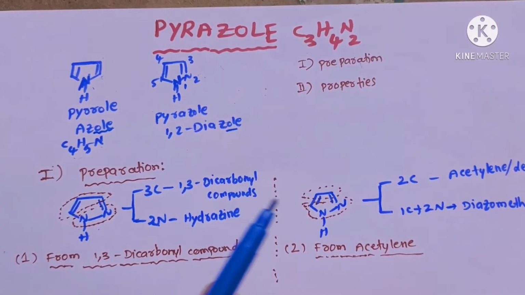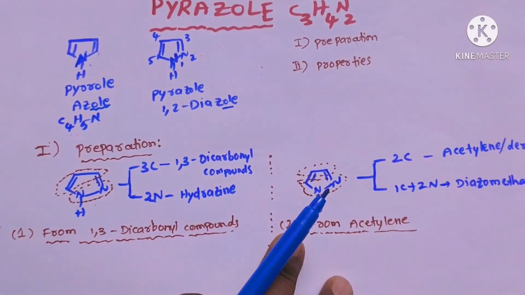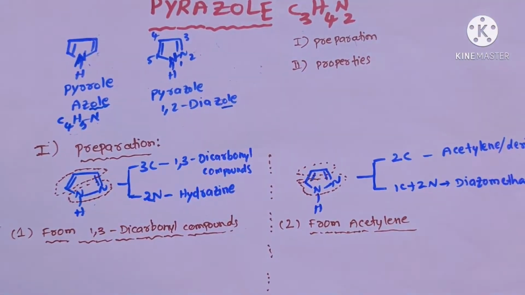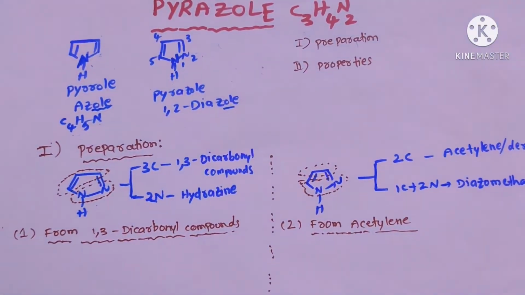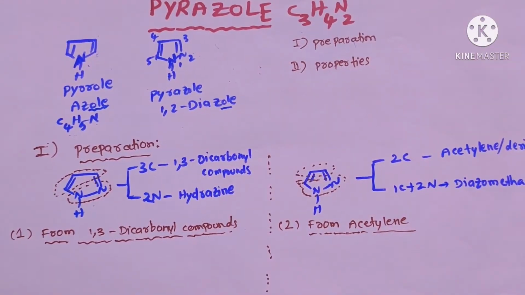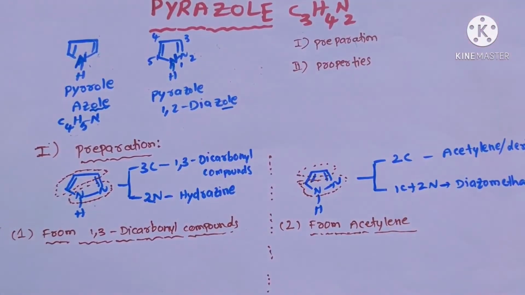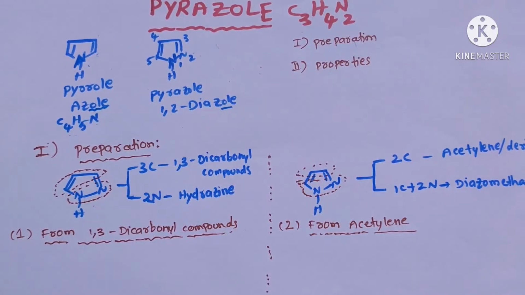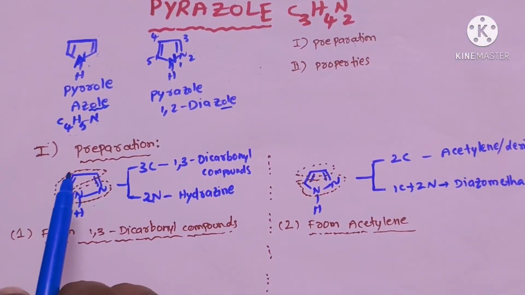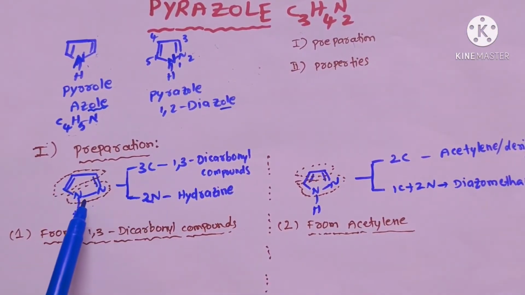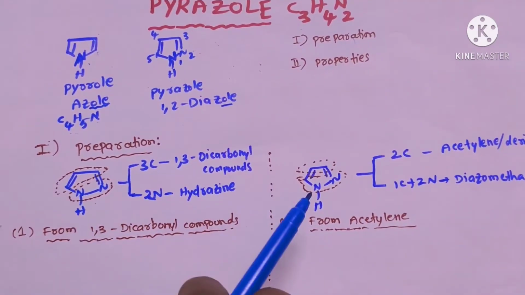Now we go for the preparation of pyrazole. We can easily remember the reactants used to prepare pyrazole if you analyze its structure. Here we can break the pyrazole molecule in this way or in this way.